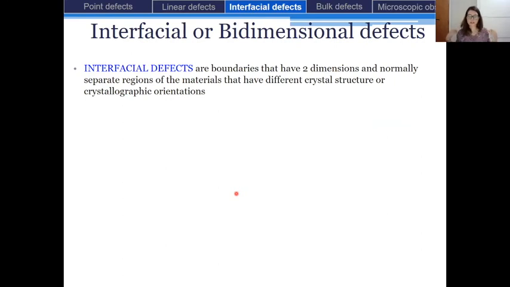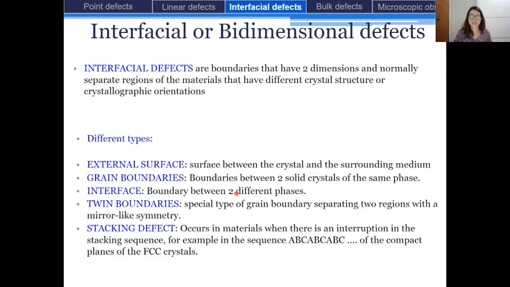Interfacial defects are boundaries that have two dimensions and normally separate regions of the material that have different crystal structures or crystallographic orientations. They are of different types. There is the external surface, which is a surface between the crystal and the surrounding medium.